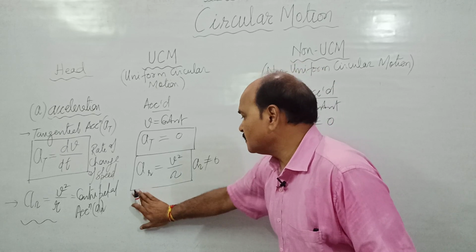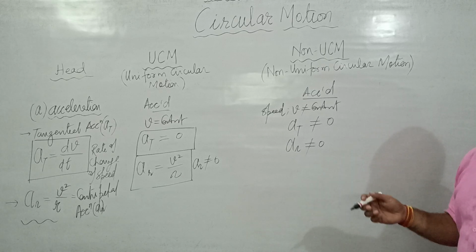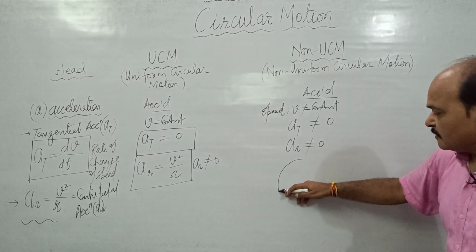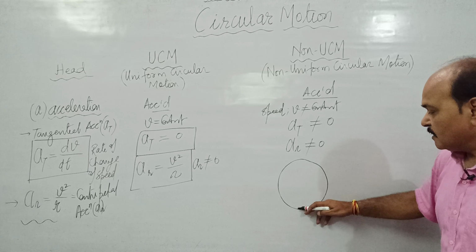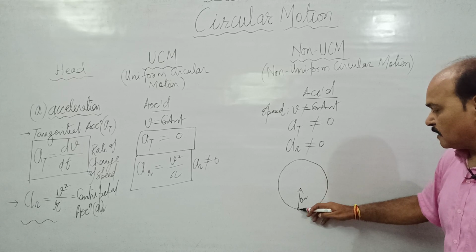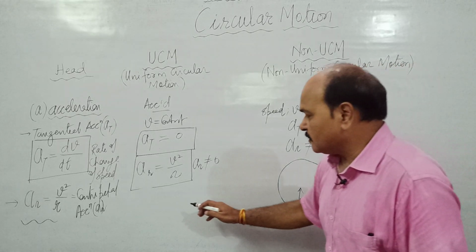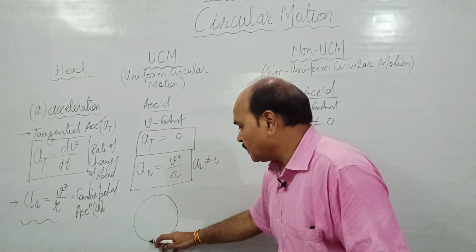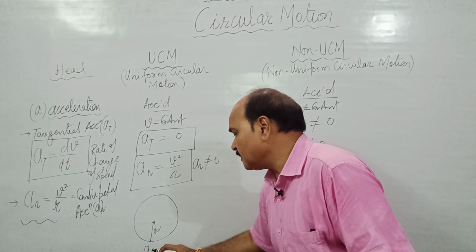But in non-UCM we have both the accelerations, tangential as well as radial or centripetal. So if the object is moving like this, at any instant there are two types of acceleration. Number one is the acceleration towards the center, say at this point, this is AR. Another acceleration is along the tangent. In case of UCM, we have just one type of acceleration, which is the acceleration towards the center, AR. AT is 0.